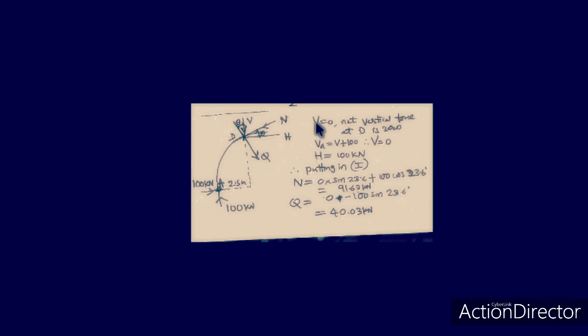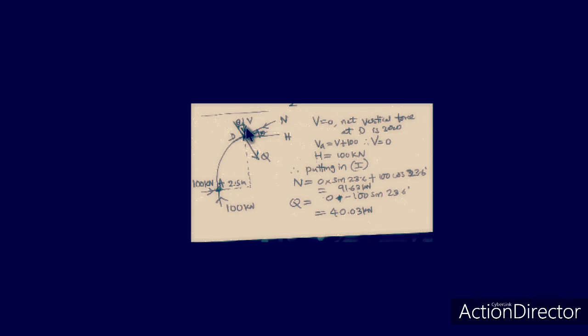Observe carefully here, usually the calculation of V and H is sometimes confusing. I have taken the free body diagram at D because it is given that at a distance of 2.5 meter only you should calculate N and Q values.